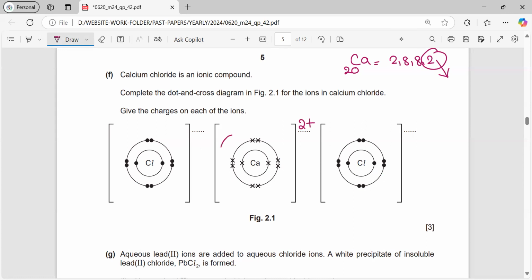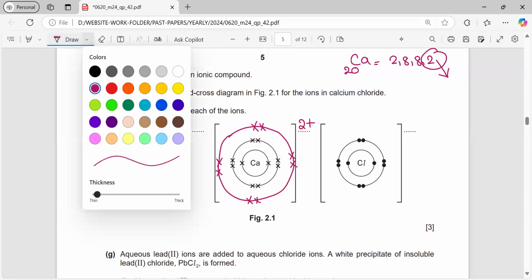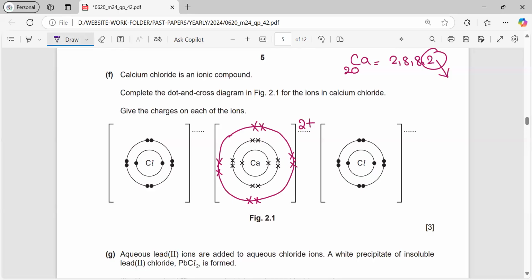So here in calcium, we'll draw the third shell with 8 electrons showing with the cross. And as the chlorine atom contains 17 total electrons, 2, 8, and 7, it means chlorine will gain 1 electron and get 1 minus charge.